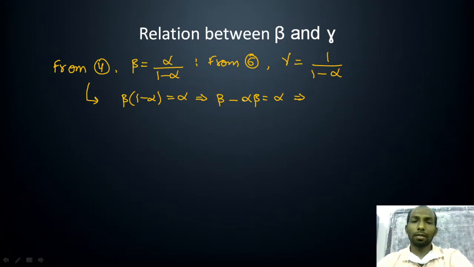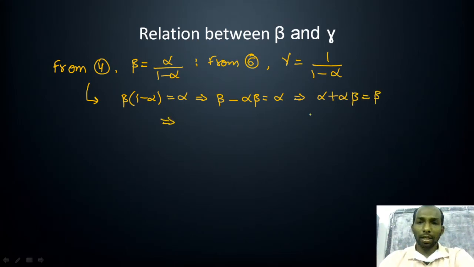My aim is to find the alpha value, so let us take this term to the right-hand side. So alpha plus alpha into beta is equal to beta. If you take alpha common, alpha into (1 plus beta) is equal to beta. So alpha is equal to beta by 1 plus beta.